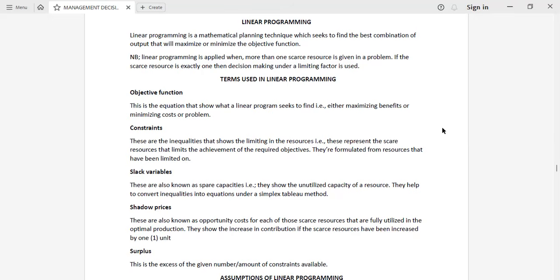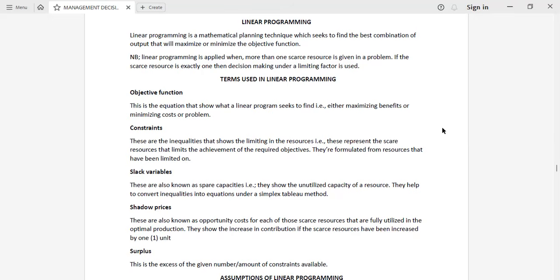We looked at decision making under the limiting factor as our second last decision making technique, and it was all about looking at when you have only one limiting factor.